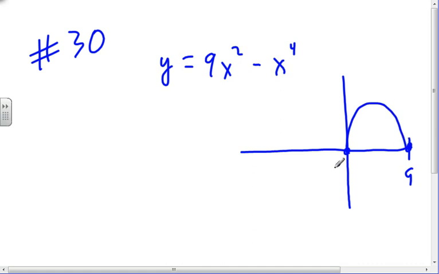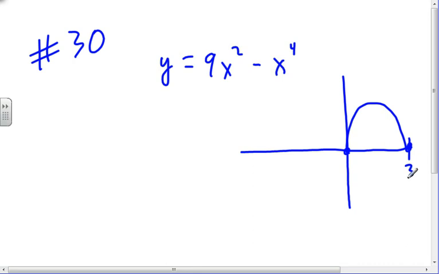Is that what you think I have? Makes sense. Actually, it's 3, not 9.